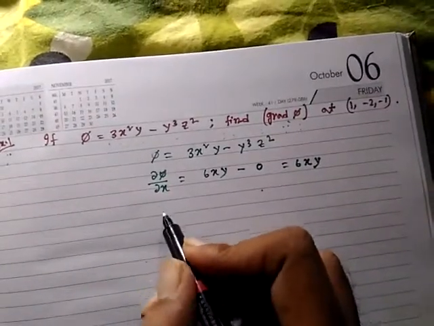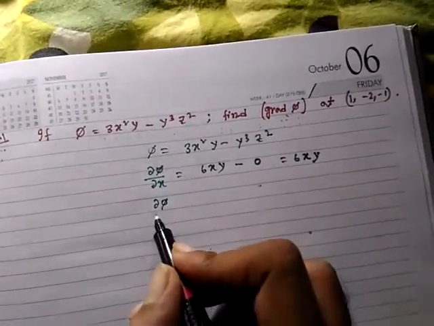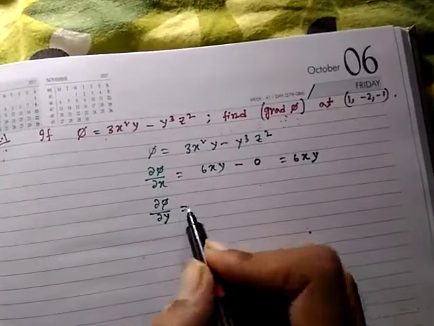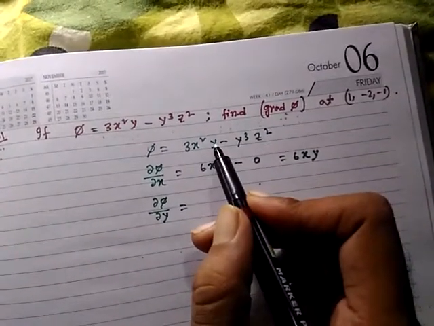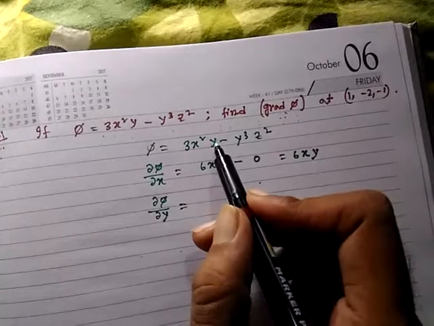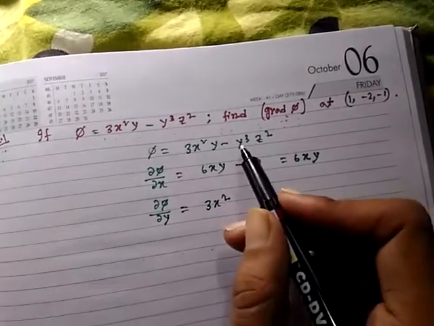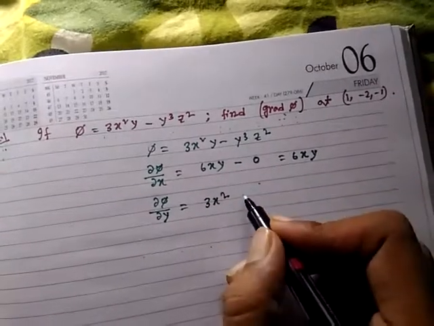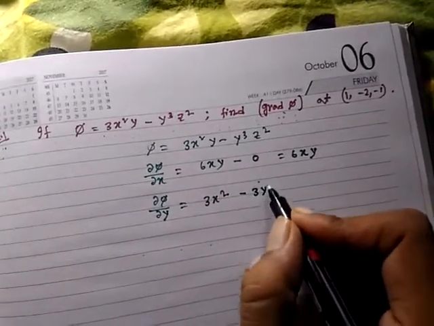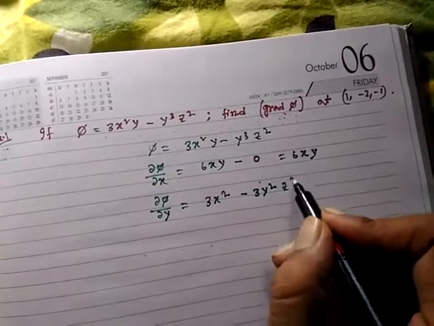Similarly, del phi del y will be, here the derivative of y is 1, so this will be 3x square, and y cube will give 3y square, so minus 3y square z square.